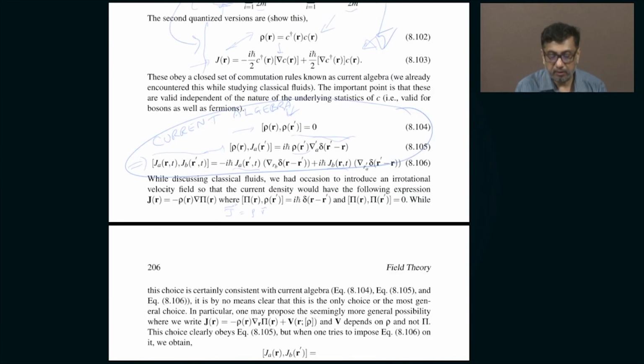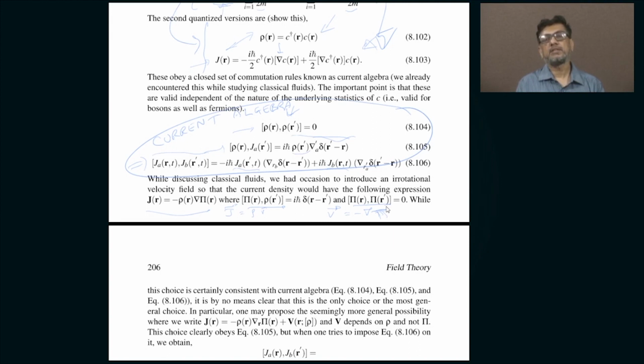So, first of all, you can very easily convince yourself of this if you make this assertion, namely that j is rho times v, and the velocity v is minus the gradient of what is called the velocity potential. This pi that I have introduced is a scalar quantity.